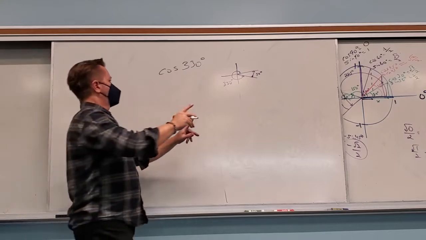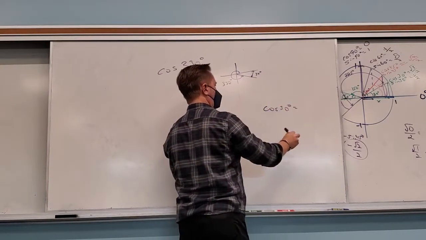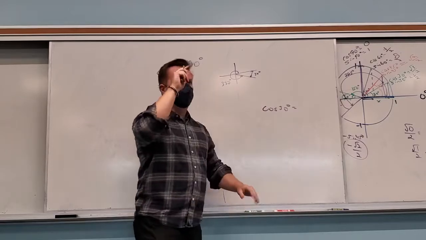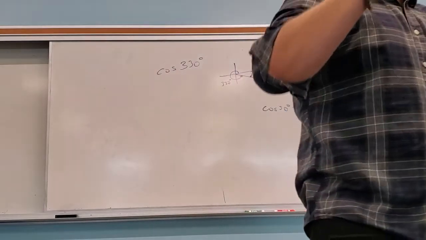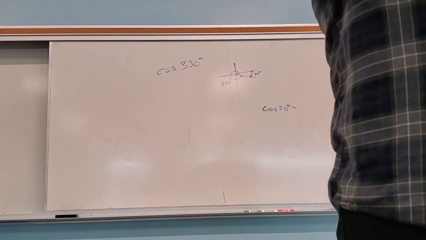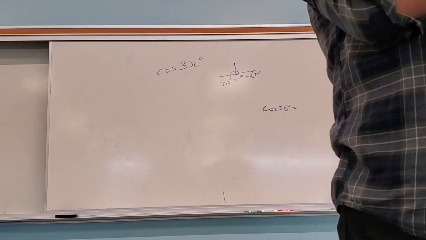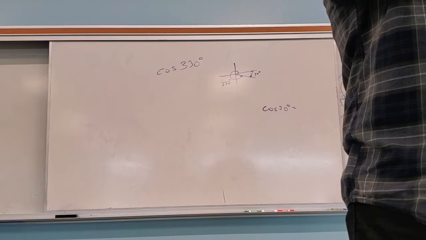So remind me, what's the cosine of 30 degrees? Here's what I think when I see that, especially if you're brand new to this. I really don't have them memorized. I just remember the values, rad 3 over 2, rad 2 over 2, 1/2. And I go, okay, cosine likes x. 30 is really close to the x-axis. It must be the bigger one.